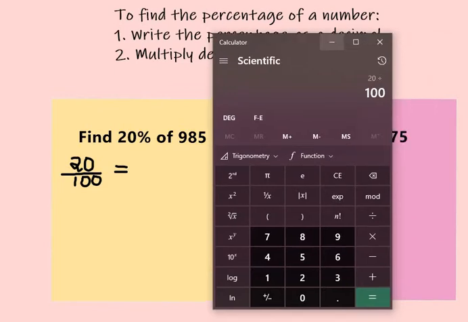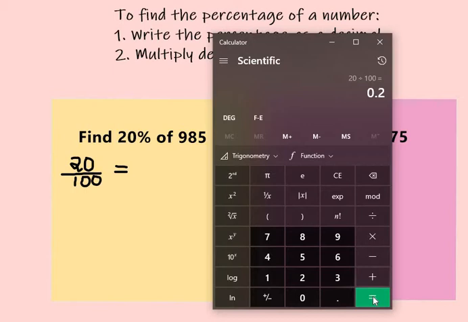All right. Now all you do whenever you're using your calculator, you just type in the numerator, type your division sign, and type in 100. So the numerator is 20, so 20 divided by 100.